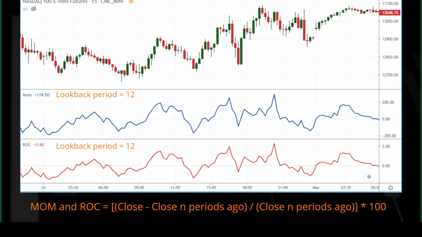You take a close and you subtract the close X periods ago. That's what you need the look back period for. So if you have a look back period of 12, at this point the indicator is plotted based on the difference between this candle and the candle 12 bars ago.